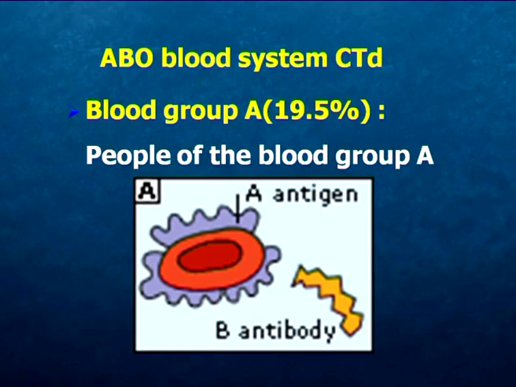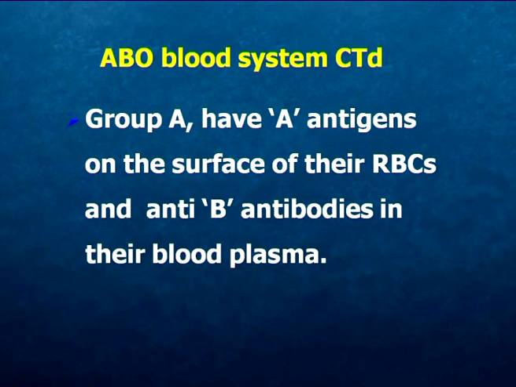Blood group A accounts for 19.5% among Indians. So people of A group have A antigens on the surface of RBCs and anti-B antibodies in their plasma.